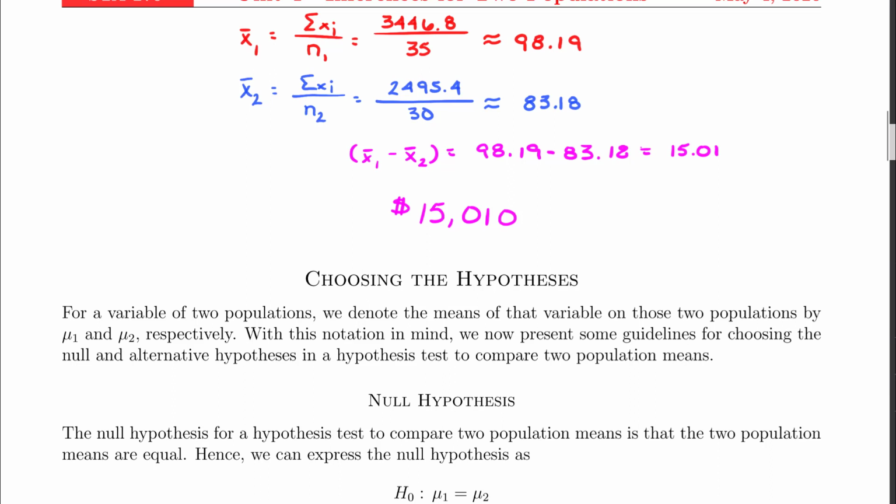So what we're essentially looking at is this $15,010. Is it statistically significant enough for us to conclude that there does exist a difference between the average salaries of public institution professors versus private institution professors? Maybe this $15,010 difference is an anomaly based upon our particular sample. We could generate another sample where the difference is much smaller, or much larger.